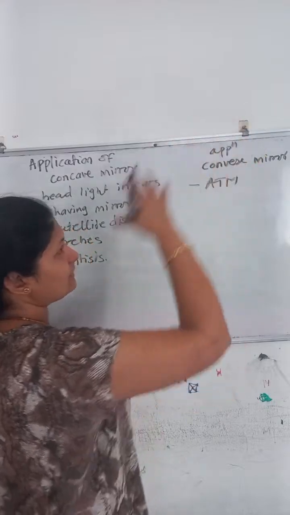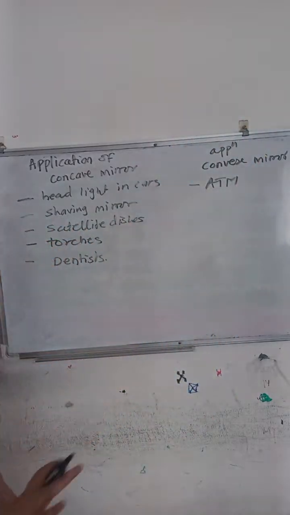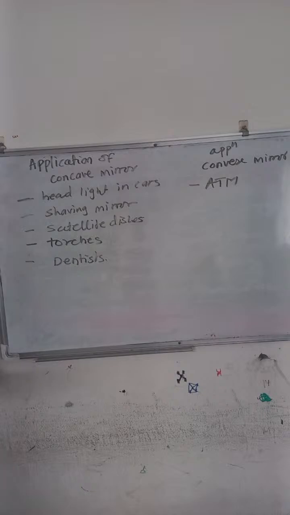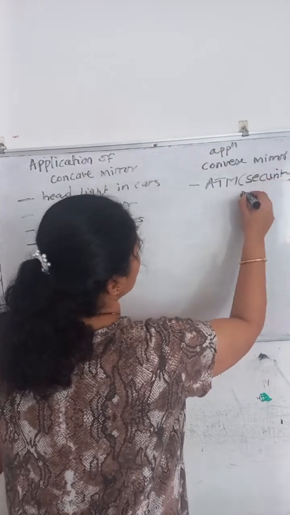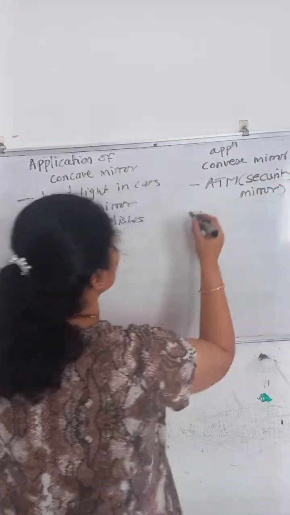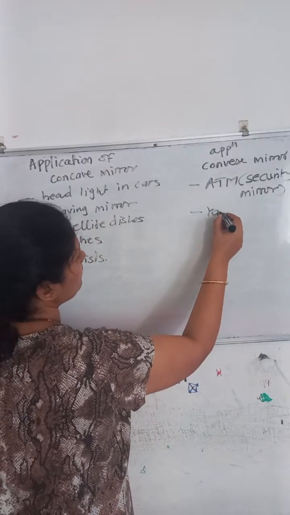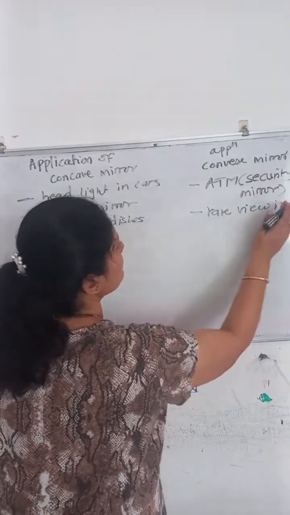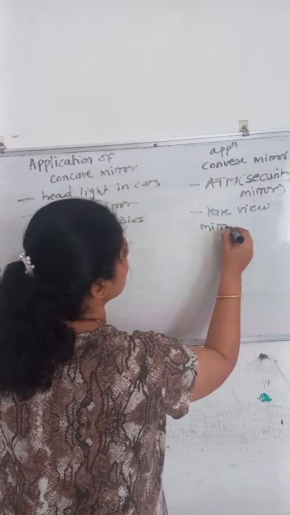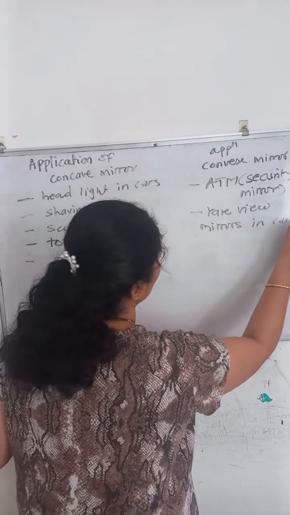When we enter, one mirror is there, that is a convex mirror, so that the user can easily detect if anyone else is watching from behind. So they are security mirrors we are using in ATMs, as well as rear view mirrors in cars or any vehicles.